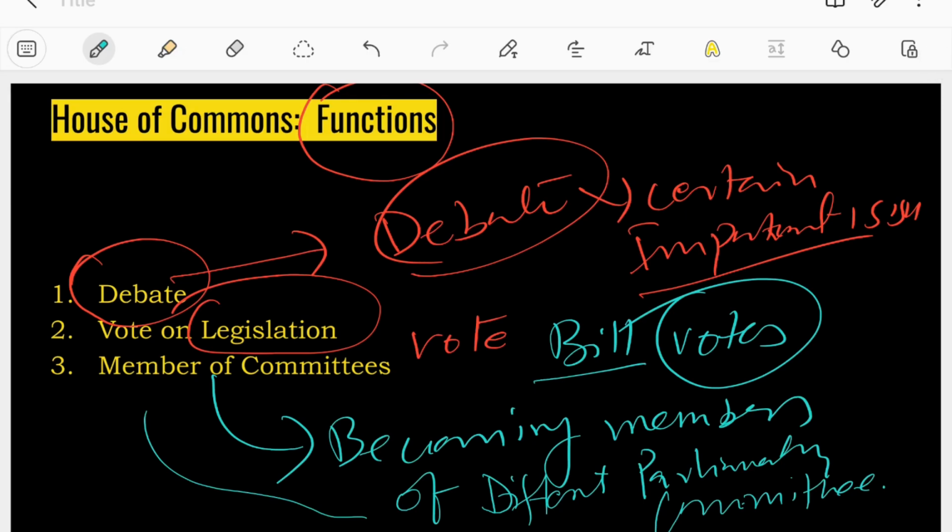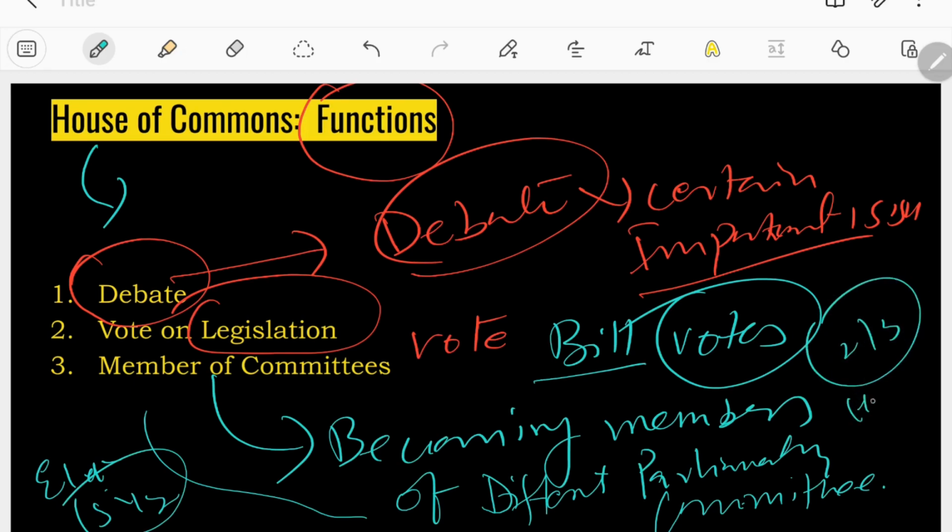They may be a members of the disciplinary committee, they may be member of the grand committee, as they may be member of some another parliamentary committee as well. So this is the way the House of Commons they do. So this is a kind of the elected body, and once they have become a part of this House of Commons, they are going to serve the House for the 5 years, unless until there is no 2/3 majority has been passed by the House of Commons to have a early election.